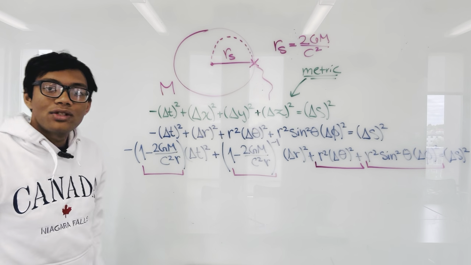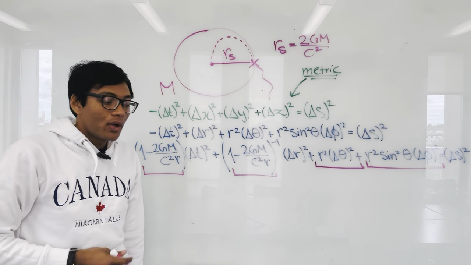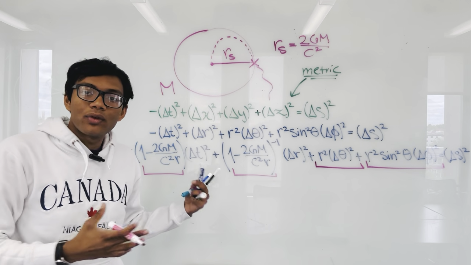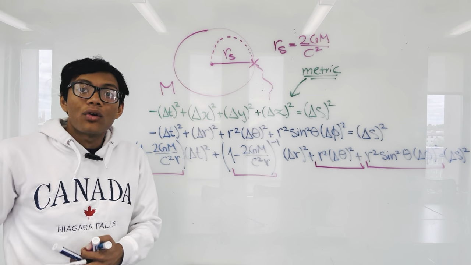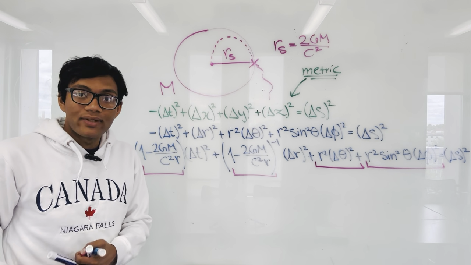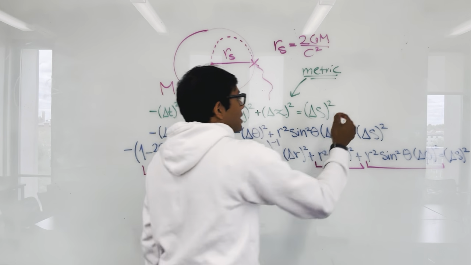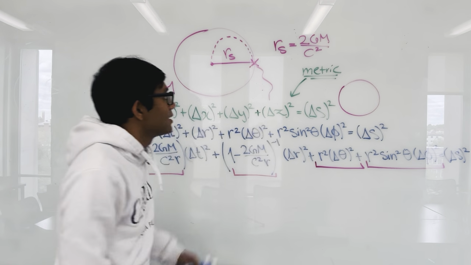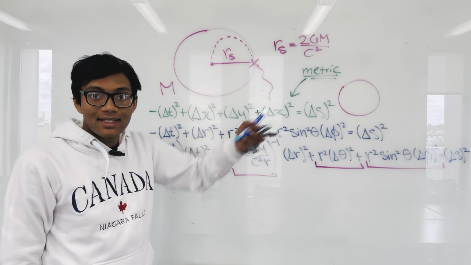Now, where did I get 2GM over c squared from? Well, you can derive it in a simple way, but not really truthful way using Newtonian mechanics, or you can derive it using general relativity. Let's derive it using Newtonian mechanics for the time being. So the idea behind deriving the Schwarzschild radius is simple.